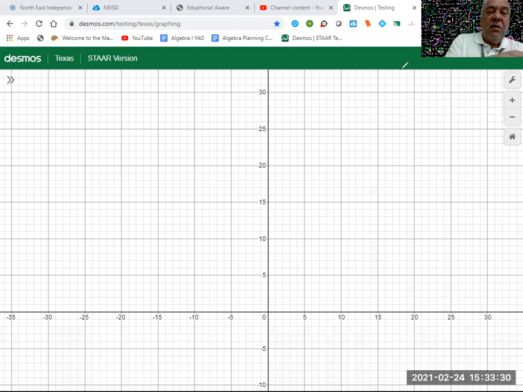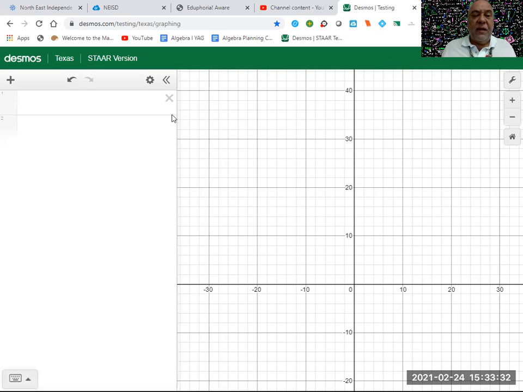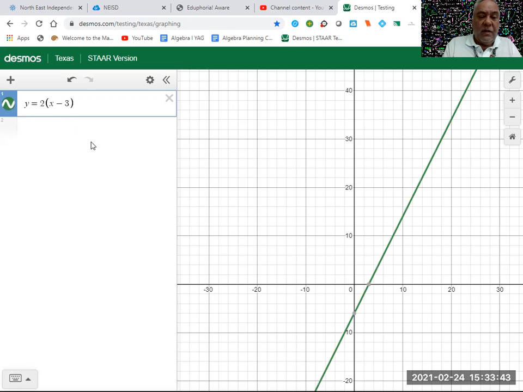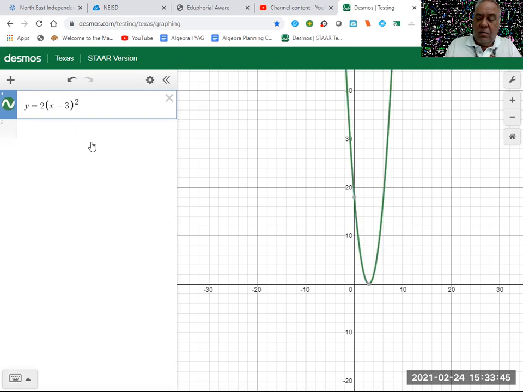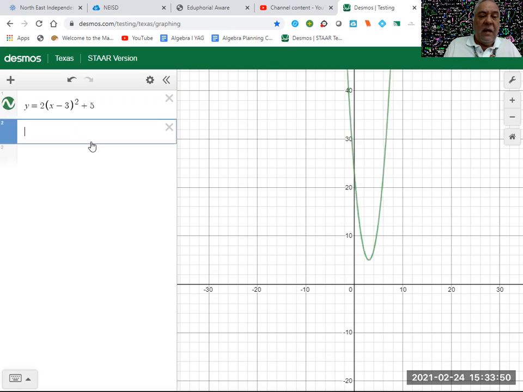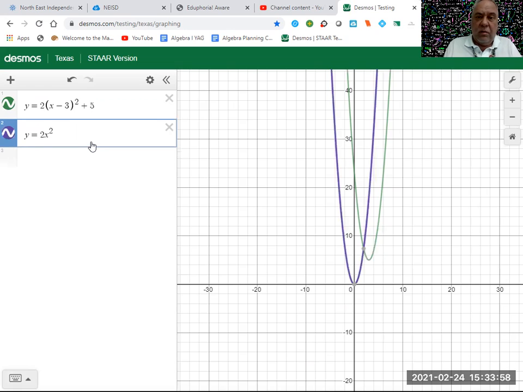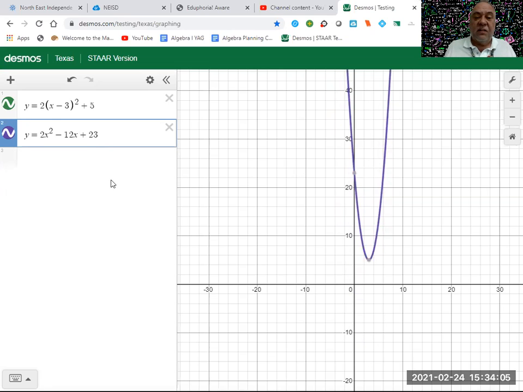If I put that same equation in, y is equal to 2 times (x minus 3) quantity squared plus 5, and then the next one, y is equal to 2x squared minus 12x plus 23, there it lies right on top of it.